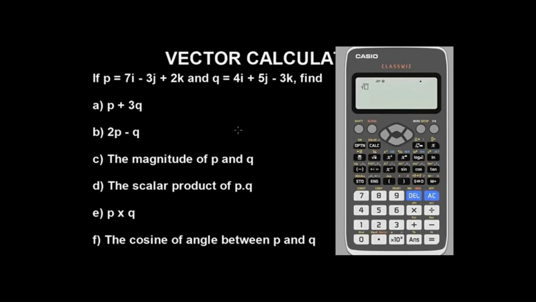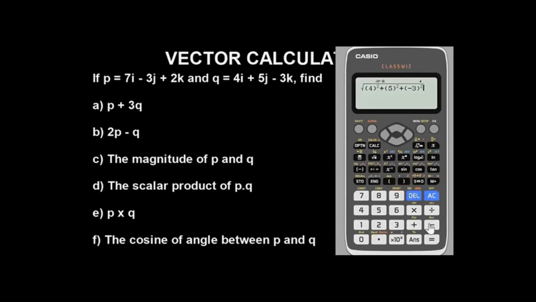Go back to this and put this in brackets. We have 4 square, okay, plus in bracket we have 5 in bracket square, okay, plus, we put here in brackets minus 3 in bracket square. It's as simple as that, guys.